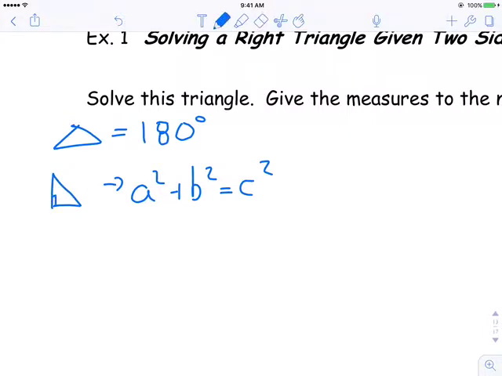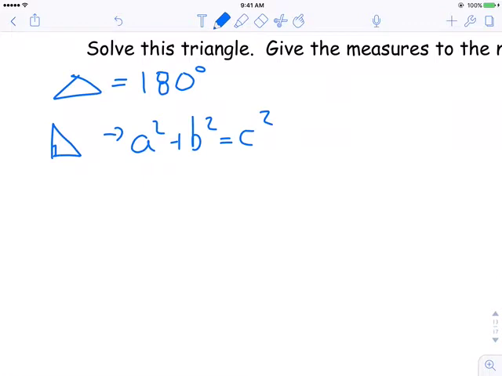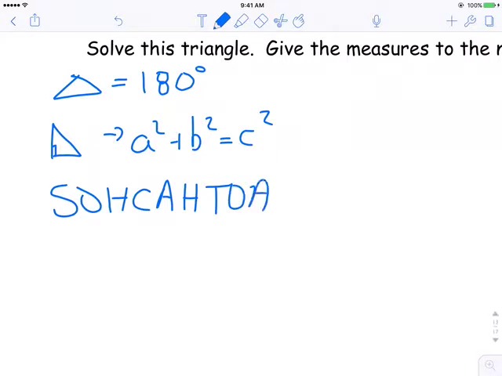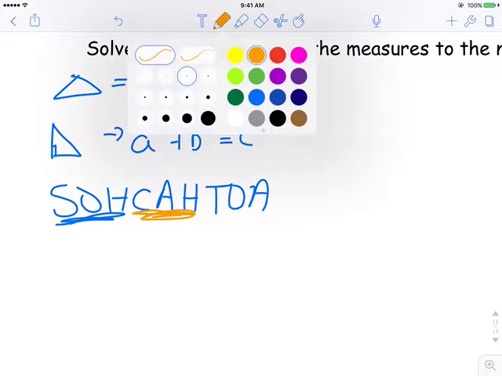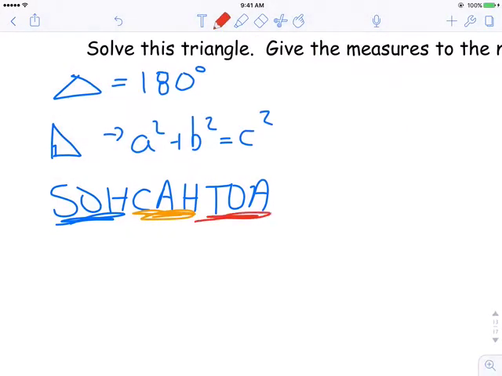Now, the last tool, obviously, we've been looking at right angle trig ratios, Sohcahtoa. We know that we can use that as well. Of course, that gives us our three different trig ratios. Sine is equal to opposite over hypotenuse, cosine is equal to adjacent over hypotenuse, and tangent is equal to opposite over adjacent.